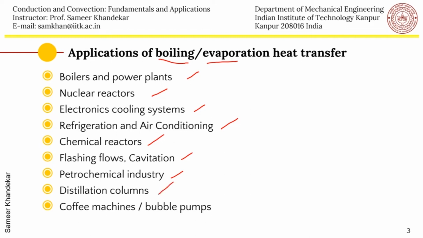Distillation columns, and simple coffee machines, the high pressure coffee machines which you see, make use of bubble pumps, which also utilize boiling heat transfer. So this is a series of applications, very important for many industrial and technological processes which involve this type of phase change boiling process.